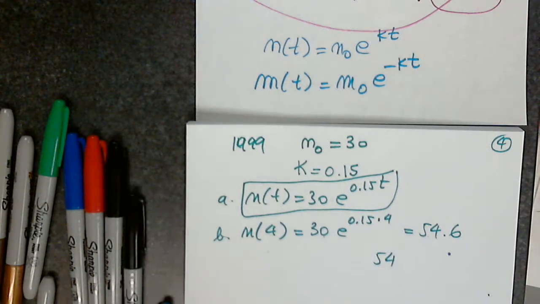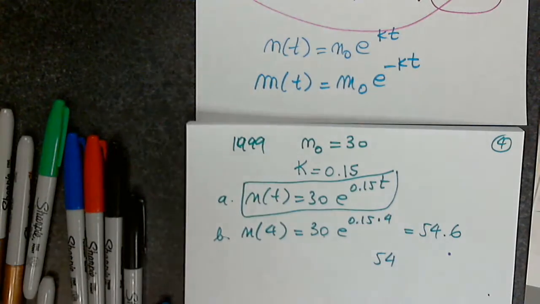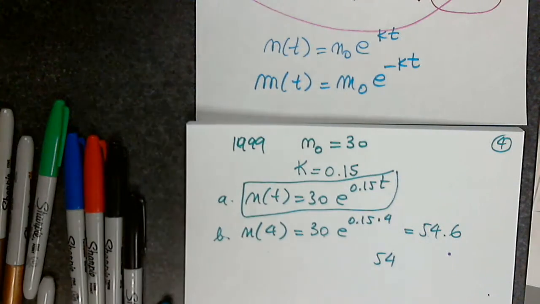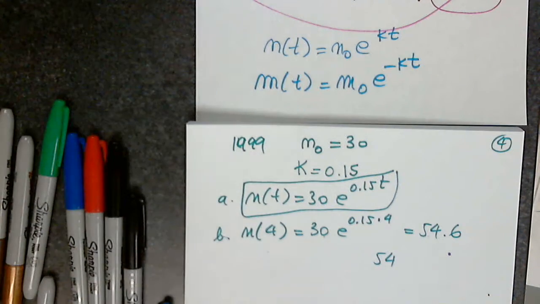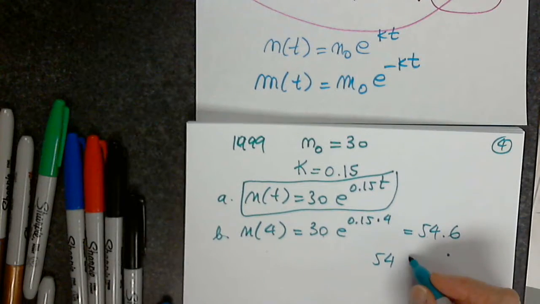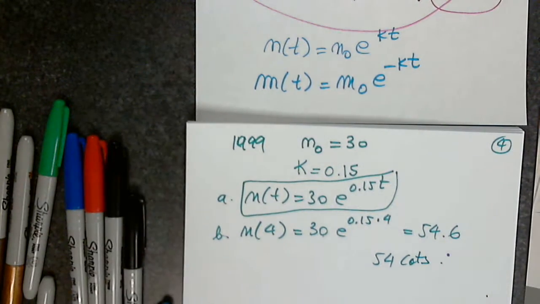I accept 55, but when it comes to people, cats, rats, we can round down, right? Because 54.6 doesn't mean that we have 55. Okay, so 54 cats. But it's okay. Mathematically, I understand.